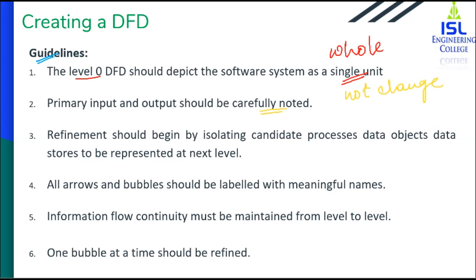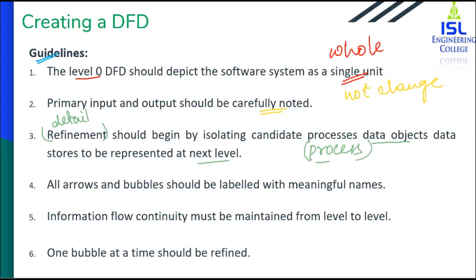Then the third point is, refinement should begin by isolating candidate processes, data objects, to be represented at the next level. Refinement means giving the detail. When you're changing from level 0 to level 1 and refining, you're going to take one specific process and isolate it.